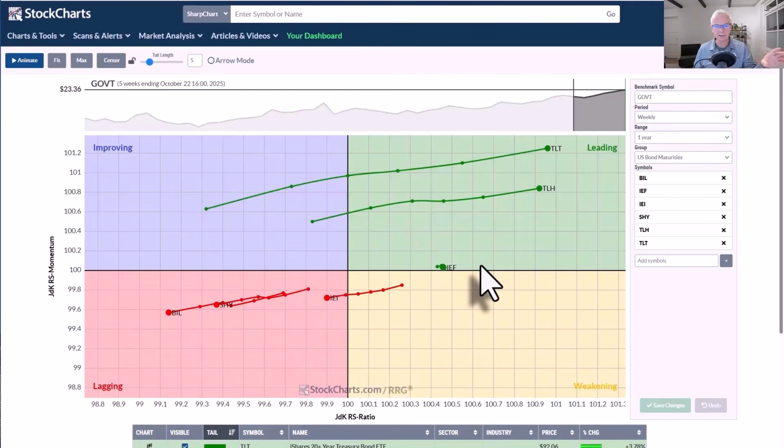We're not going to look at any charts to save some time. We looked at GOVT, and that should tell you the picture.